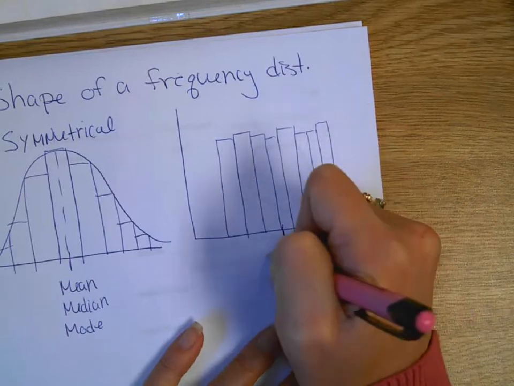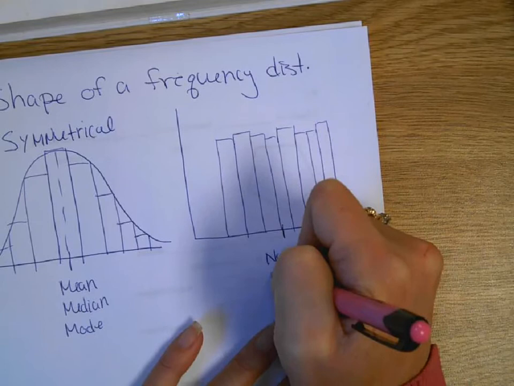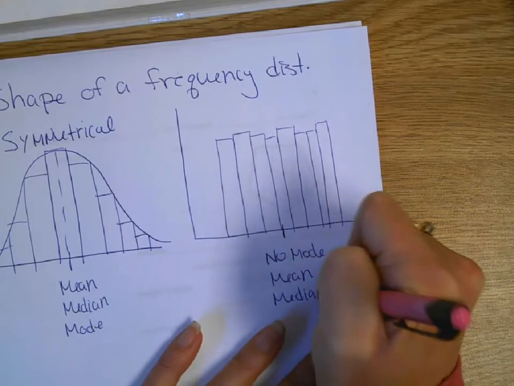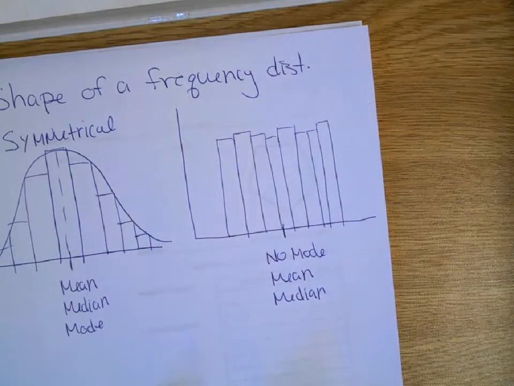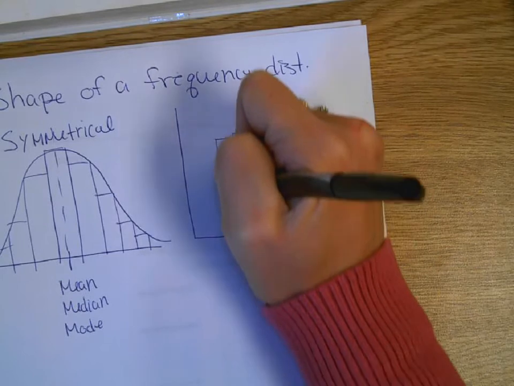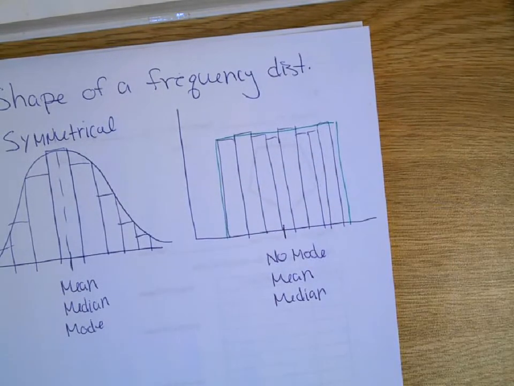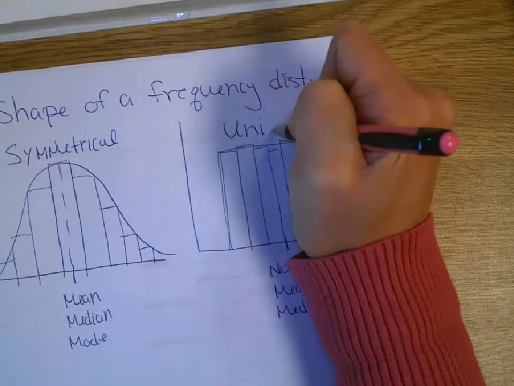So if you have no mode, and your mean and median are pretty close to the same value, you get this shape here. And really, when you try to draw a smooth curve through it, it's kind of rectangular. It's called uniform. That's a uniform distribution.